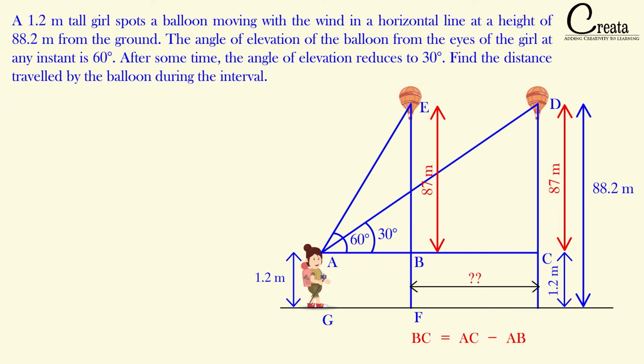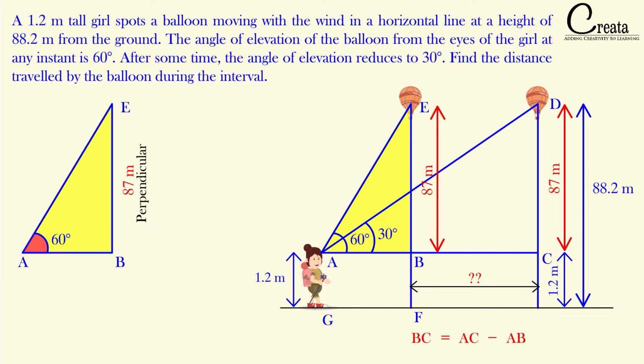For that we have to apply the trigonometric ratio formula in both the triangle. Firstly let's take the triangle ABE, this triangle. Here the trigonometric angle is 60 degree and BE is the perpendicular opposite to trigonometric angle and AB is the base of this triangle. So which trigonometric ratio will be applicable here? Here tan theta will be applicable as perpendicular and base are coming into the picture. So tan theta is equal to perpendicular upon base.